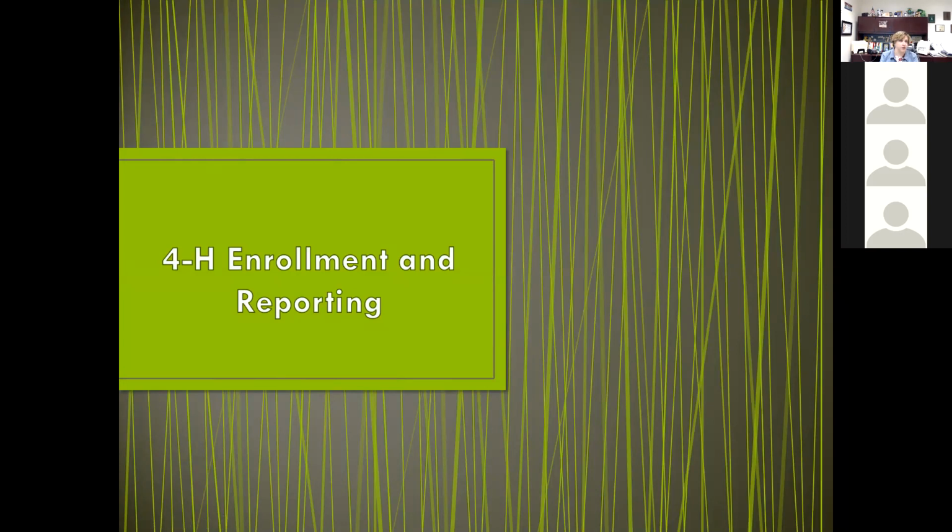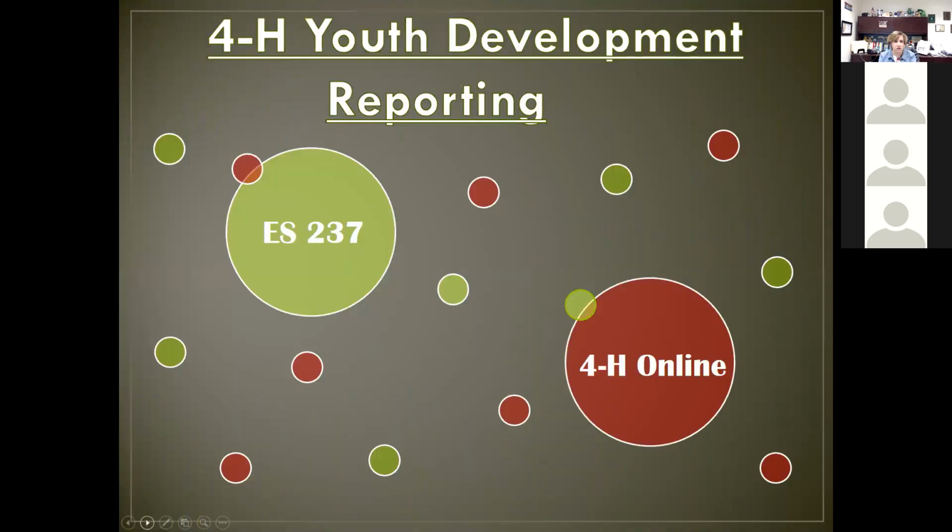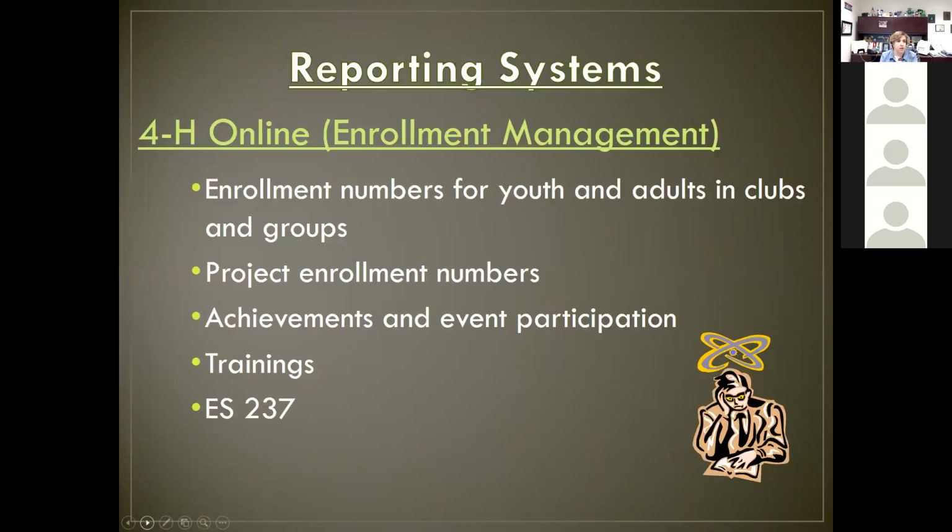Okay, good. All right, so when we talk about enrollment and reporting, we're going to talk about the ES 237, which is our federal report, and then how that relates to 4-H Online. 4-H Online is, as most of you know, our enrollment management system.